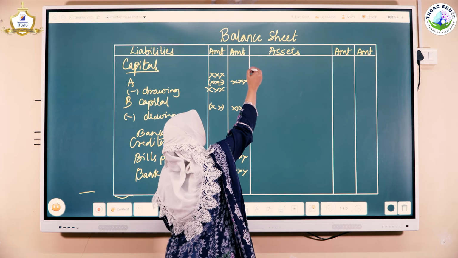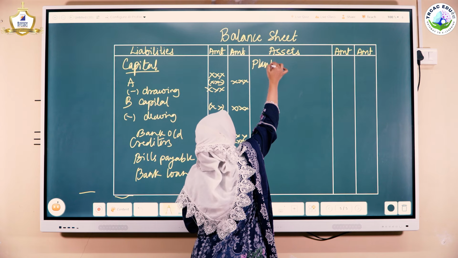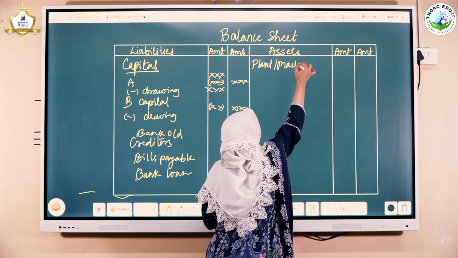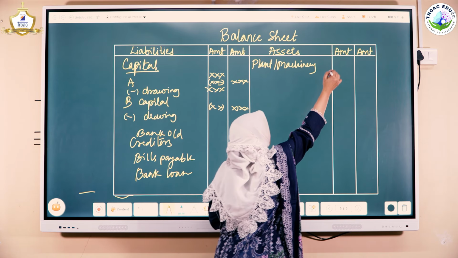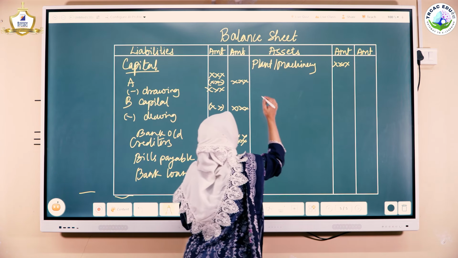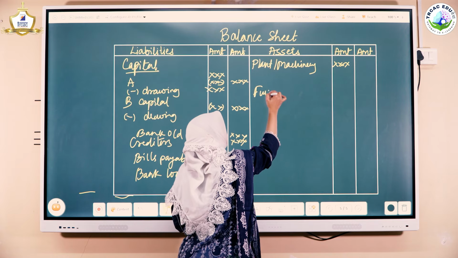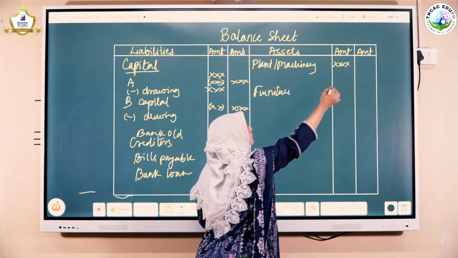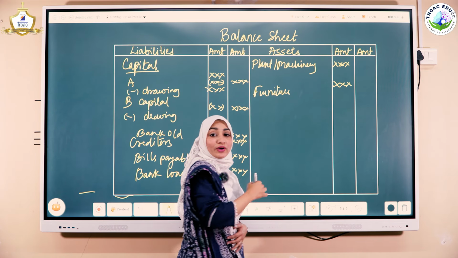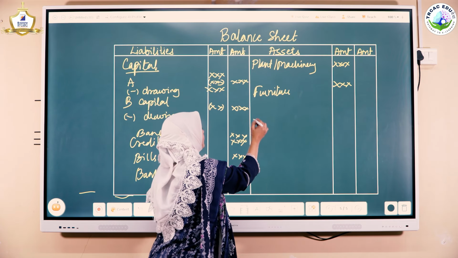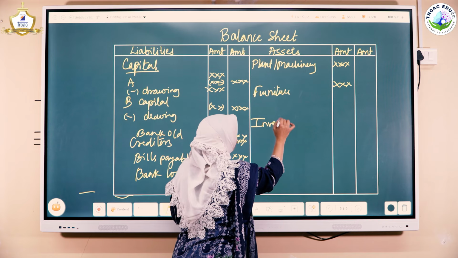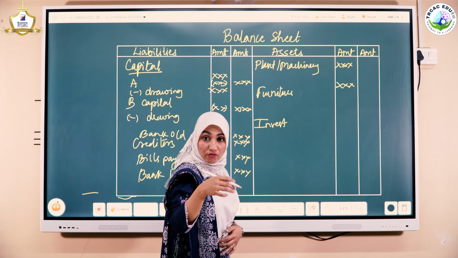So we will assume only plant and machinery, let us take 2, furniture, then any sorts of investment given like debentures, bonds, government bonds.